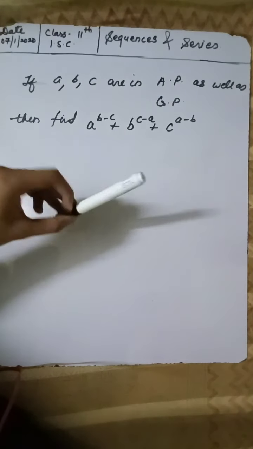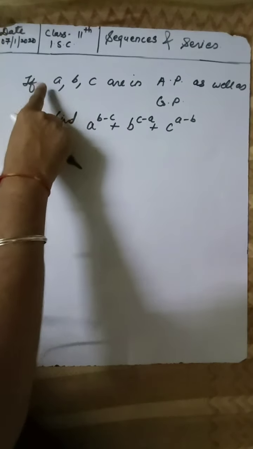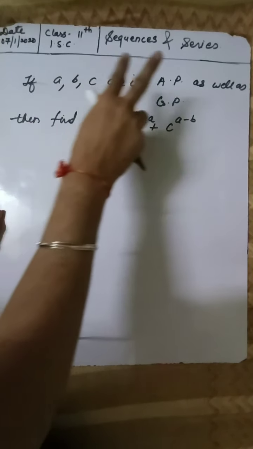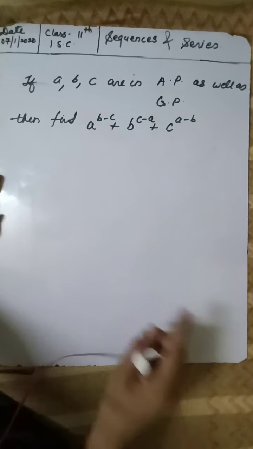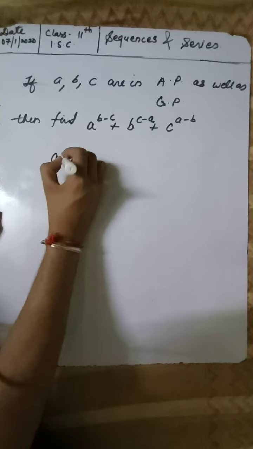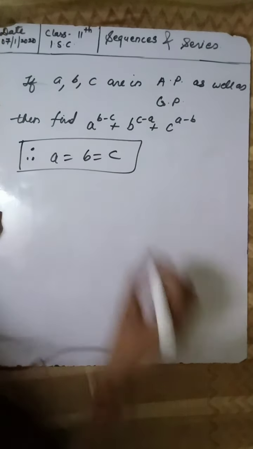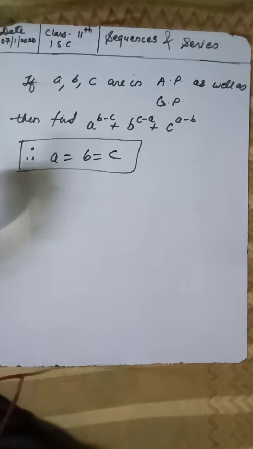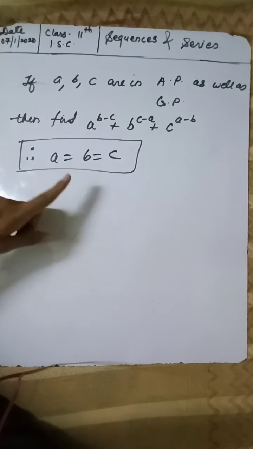So here, what important thing I want to tell you is that if any numbers are in AP as well as GP, you have to remember those three numbers will always be equal. This is a very important point you have to remember, that whenever numbers are in AP and GP both, then all the three numbers will be identical.